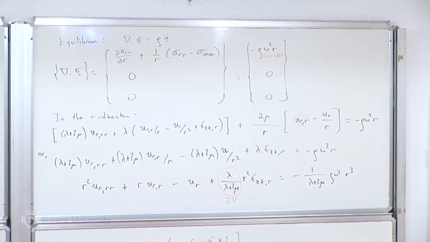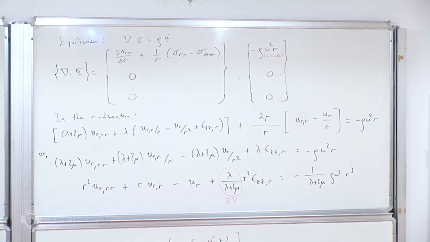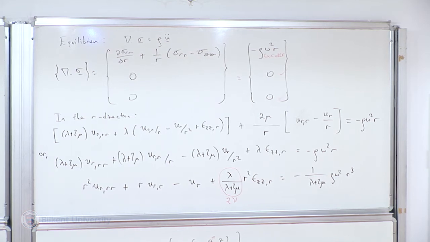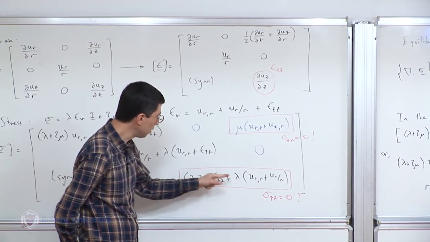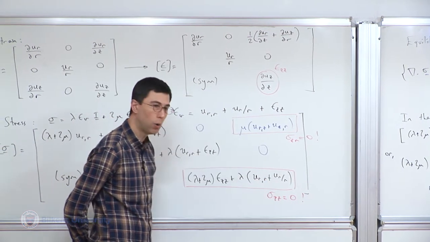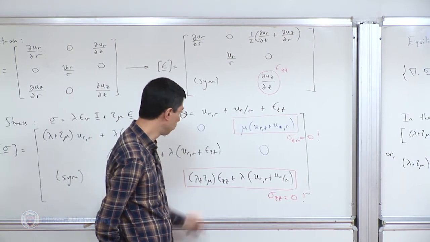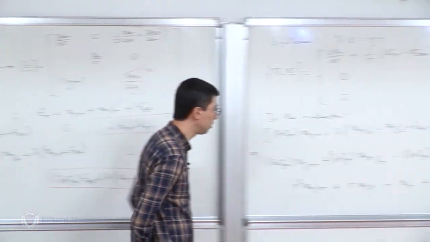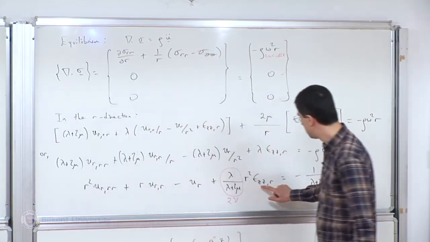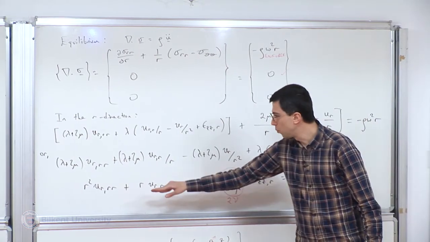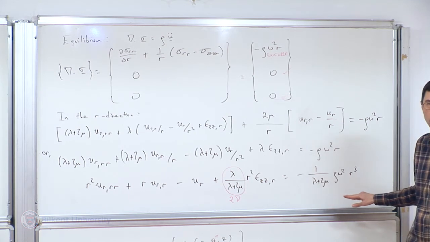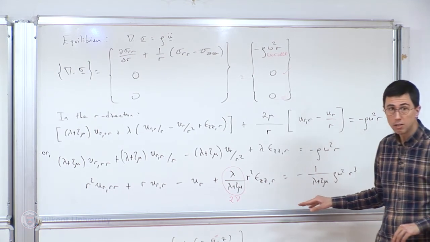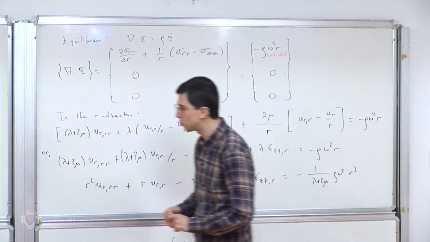So now I go back here, and I notice that since sigma zz must be equal to 0, I can express epsilon zz in terms of u r. That's what I'm going to do. I'm going to replace epsilon zz using that, and I will simplify this equation to something that is only in terms of u r. u r still depends on z, but at least my equation is only in terms of u r.